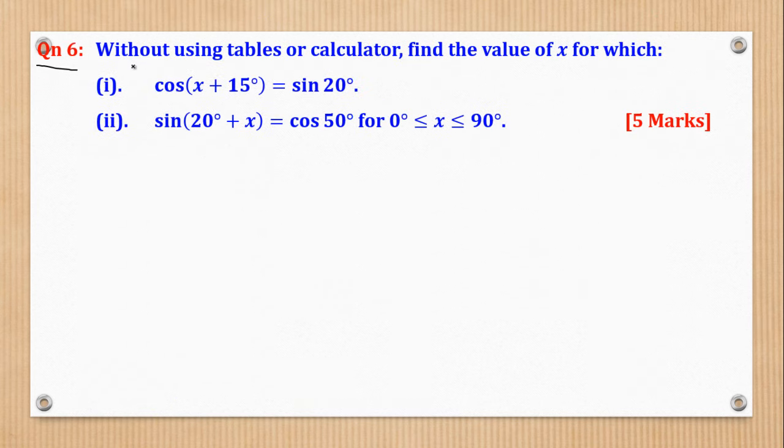Then question 6, without using tables or calculator, find the value of x for which this is equal to this, and this is equal to that, where values of x range from 0 to 90. In other words, they are acute.